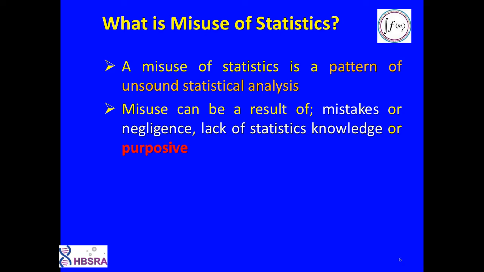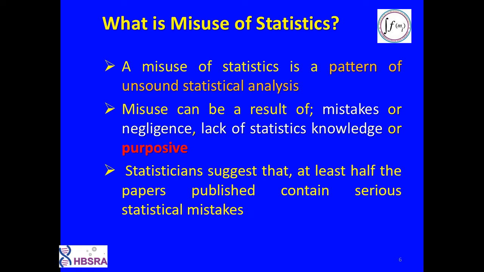That is a mistake. Or you don't know the basic statistical concepts properly, and therefore you make mistakes. And purposely, you know what you are really doing, but to get a certain result you want, you misuse statistics on purpose. So these are the three ways in which misuse can occur in statistics.